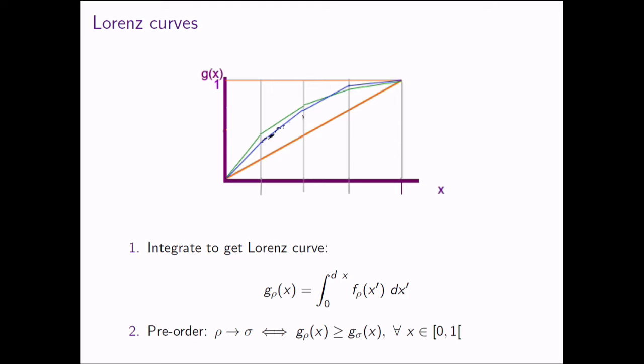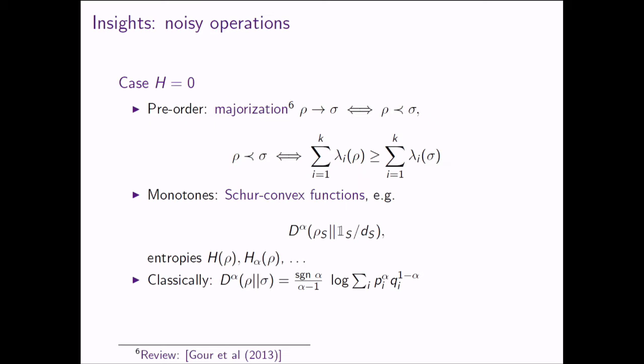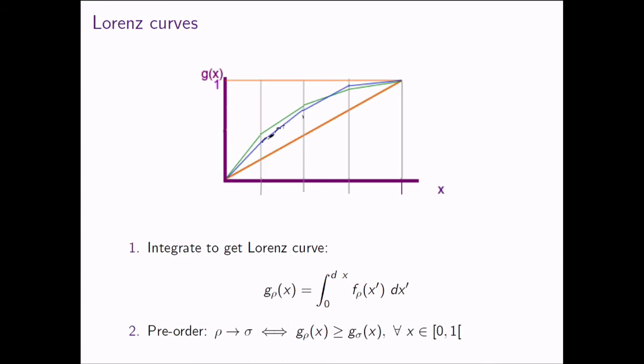So for example, you can transform the green state into the orange state, because it's completely above it. So this condition corresponds to this condition here. But for example, you cannot transform this green into the blue, nor can you transform the blue into the green in this simple case. Okay.